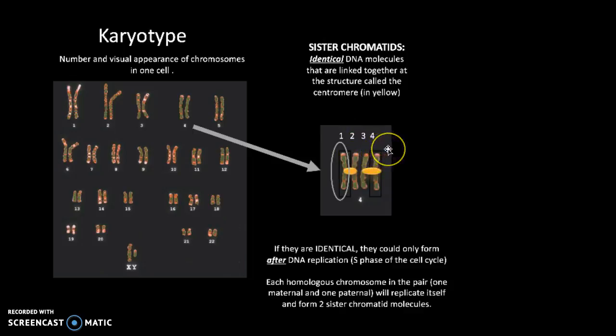And this paternal copy also has two sister chromatids, 1, 2. So in total there are 4 sister chromatids, but there are only 2 homologous chromosomes. These are still connected to each other, so these two sister chromatids together are considered one molecule still. The same is true for these two.